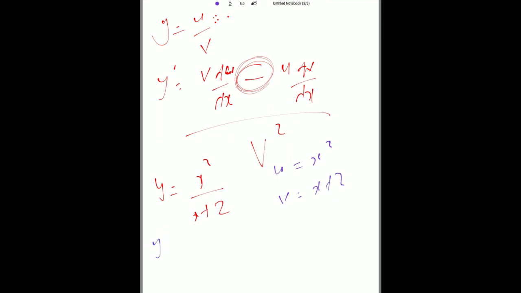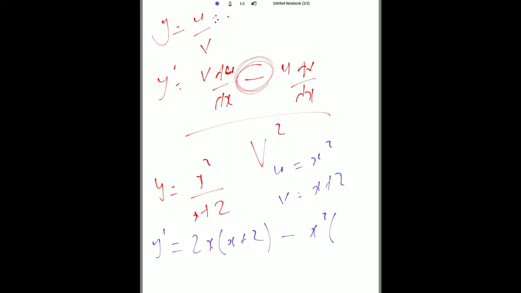So y prime would be, let's differentiate the numerator. Differentiate x squared, what do we get? We get 2x. And then we're multiplying that by v, which is x plus 2. Now we're going to be subtracting the product of u, which is x squared, and the differential of v. The differential of v is what?